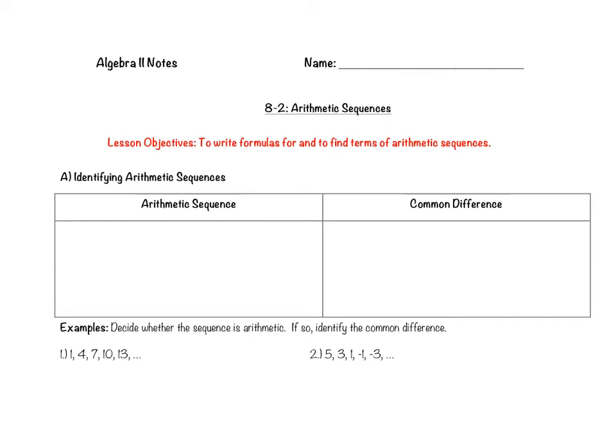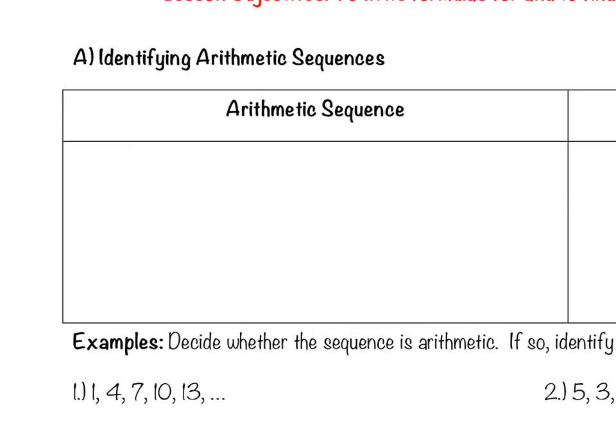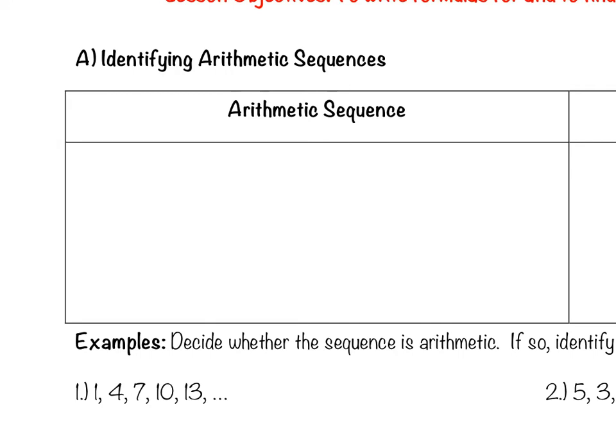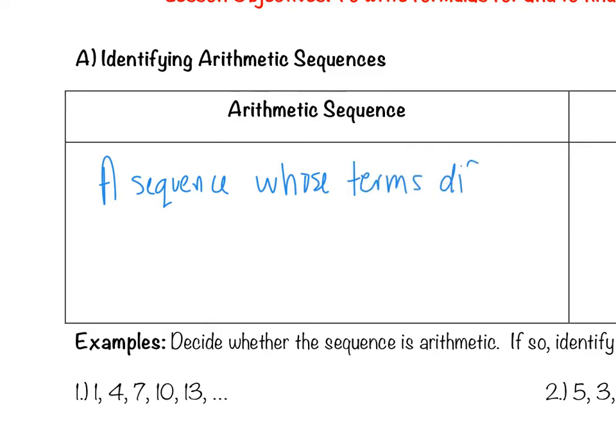So, first thing is, we sort of already defined this, is what is an arithmetic sequence. An arithmetic sequence is a sequence whose terms differ by the same number using addition.